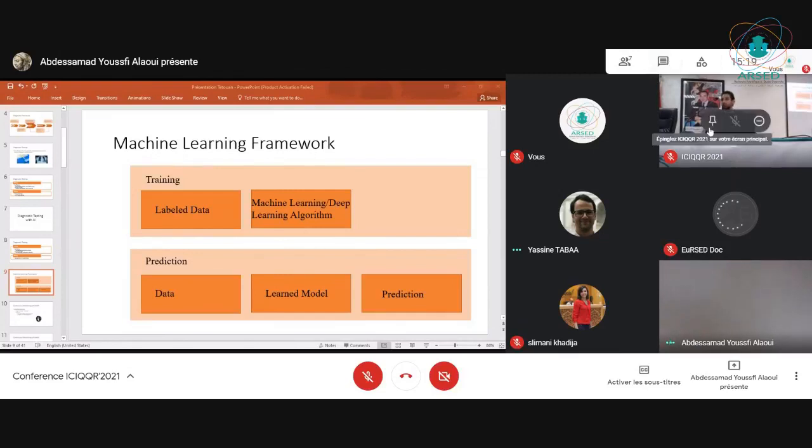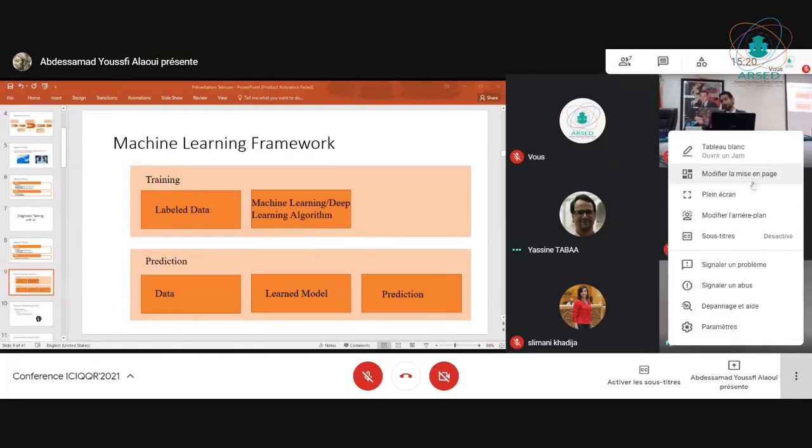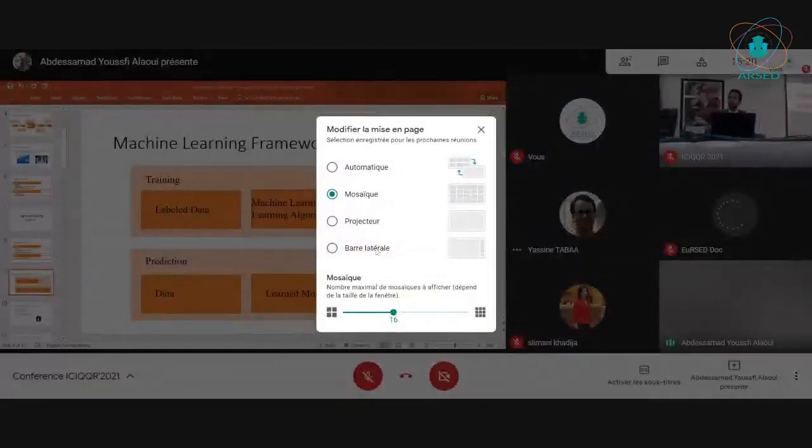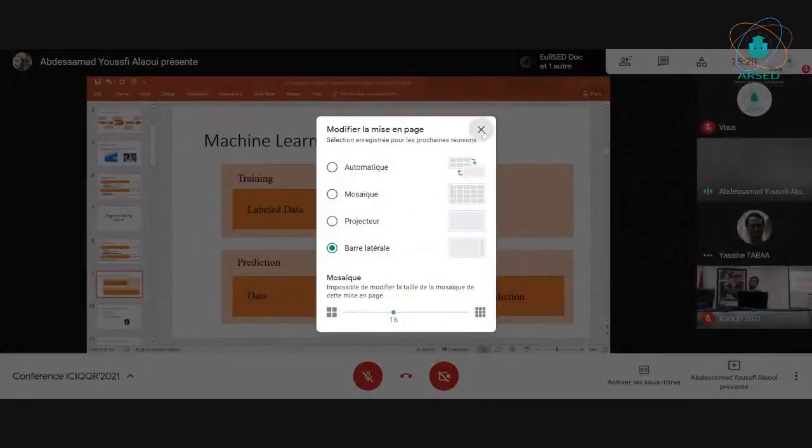We have to define which model we have to use in order to develop a good system. For example, if we use signals collected from sensors, we have to look for the good model.